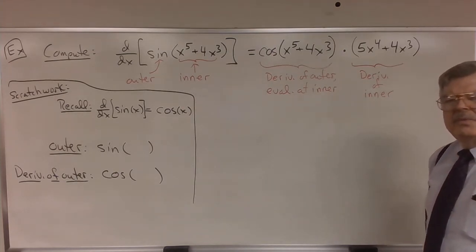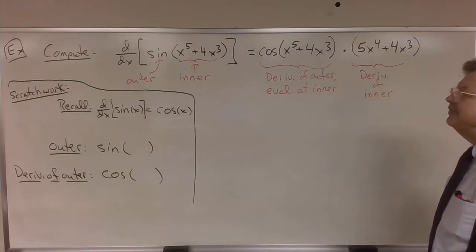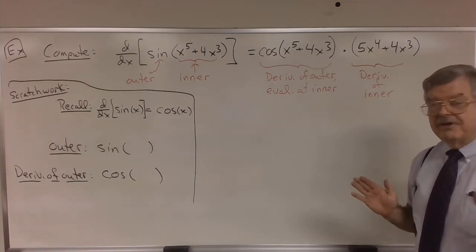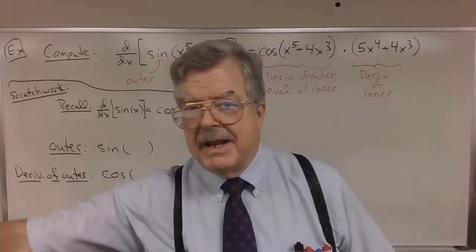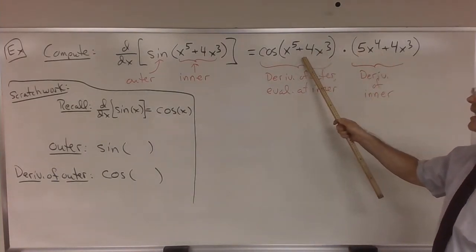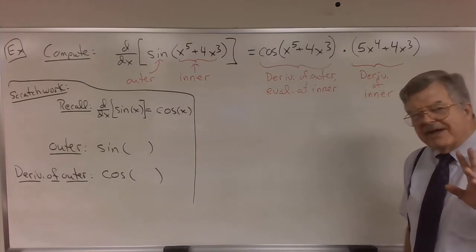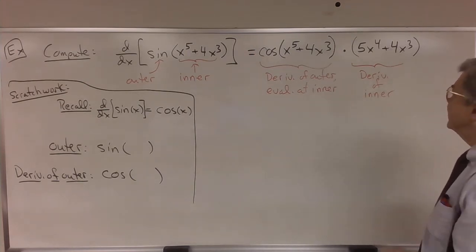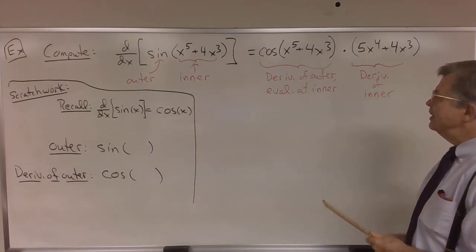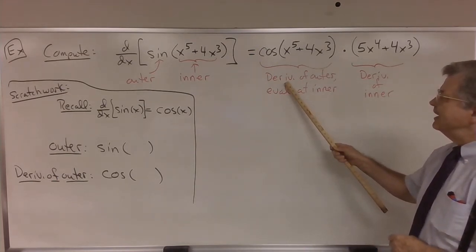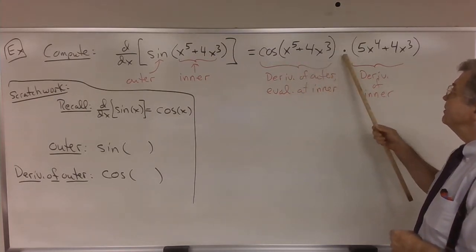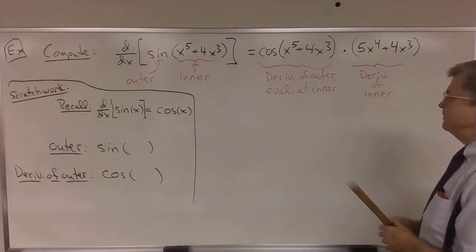And in case you're wondering whether we can really simplify this at all, the answer is no. We might have a tendency to want to multiply this polynomial by that polynomial, but that's not what's going on here. We have a product, but what is it that we're multiplying? We're multiplying the derivative of the outer, cosine of something, times the derivative of the inner.